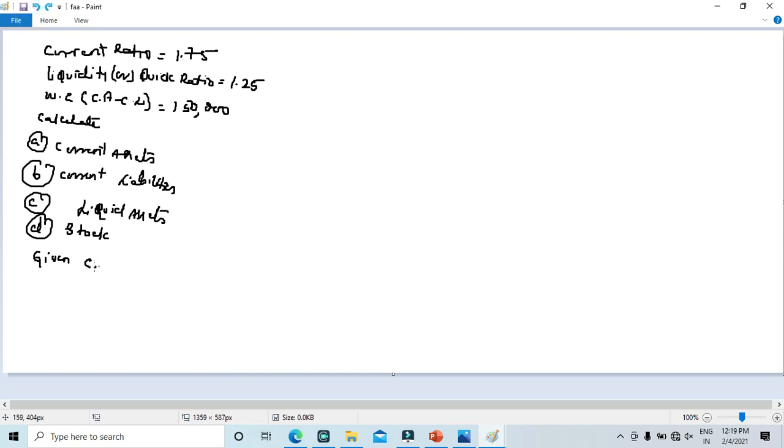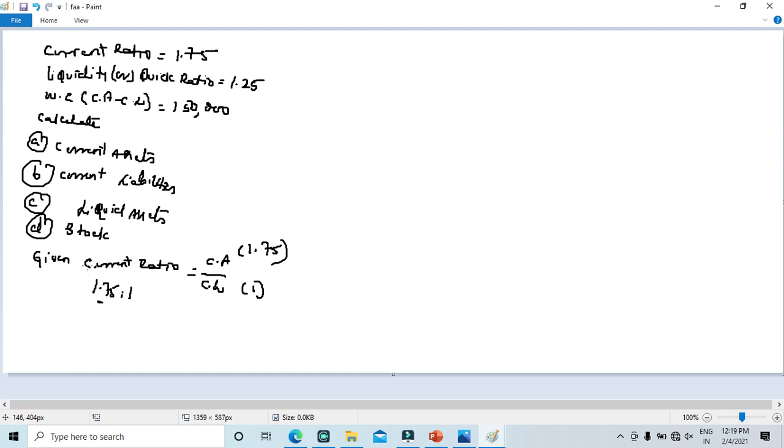So for 0.75 weight of working capital the amount is 1,50,000, and for 1.75 of current assets, how much will there be? We cross multiply.